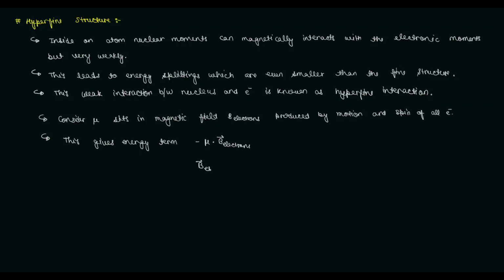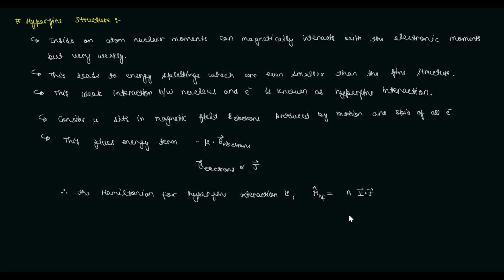Now this B_electrons is expected to be proportional to the total angular momentum of all electrons, that is J. So the Hamiltonian for the hyperfine interaction can be given by A I dot J. Here A is the parameter which can be determined experimentally, and it measures the strength of the hyperfine interaction.